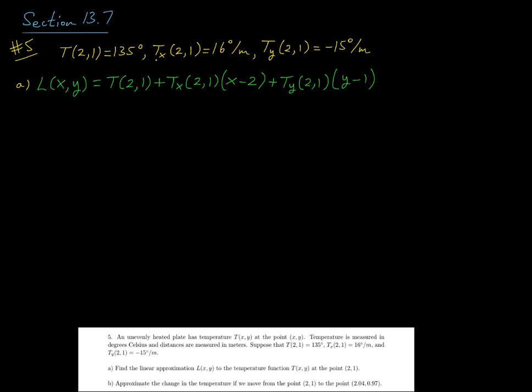So that right there is the linear approximation. And now, since we know that the x derivative evaluated at (2,1) is 16 degrees per meter, and we know that the y derivative of the temperature function evaluated at (2,1) is minus 15 degrees per meter, we can say this: this portion would be 16, and I'll drop the units for now, times x minus 2, minus 15 times y minus 1, and finally, we know the temperature at our base point.